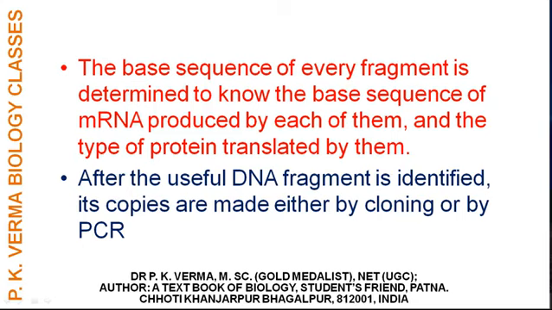So after the useful DNA fragment is identified, its copies are made either by gene cloning or by PCR. Gene cloning need a vector bacteria, a vector plasmid, or in PCR, polymerase chain reaction is conducted in vitro in the laboratory using the apparatus thermal cycler.